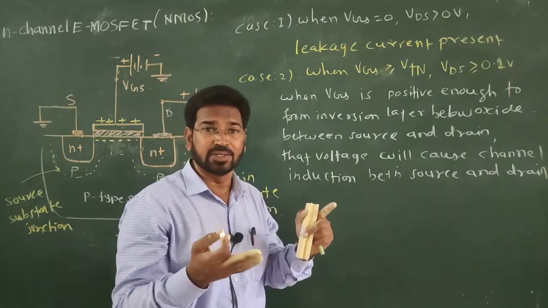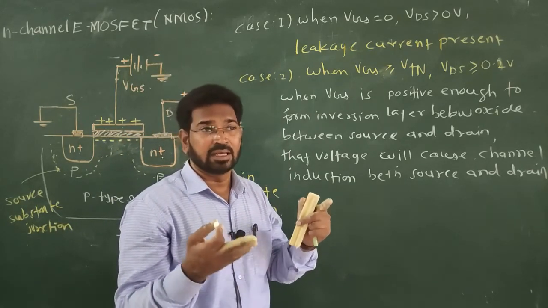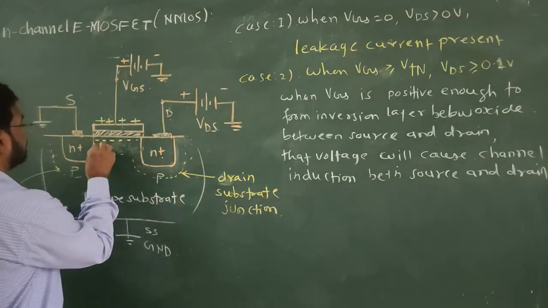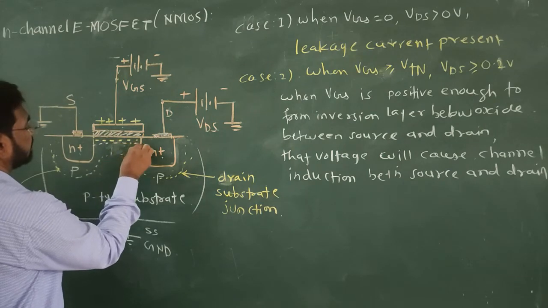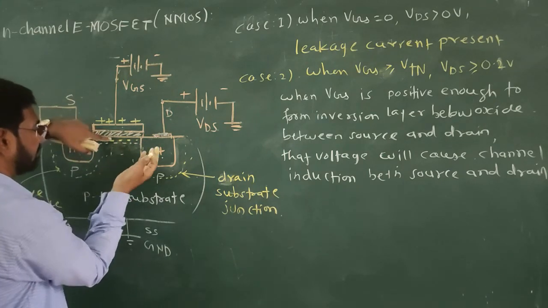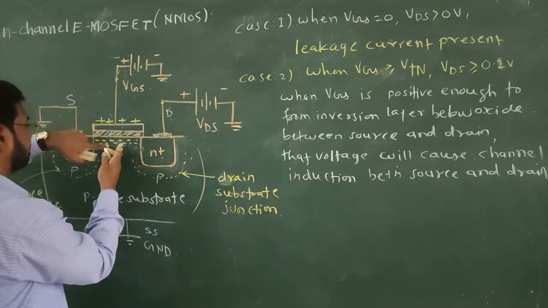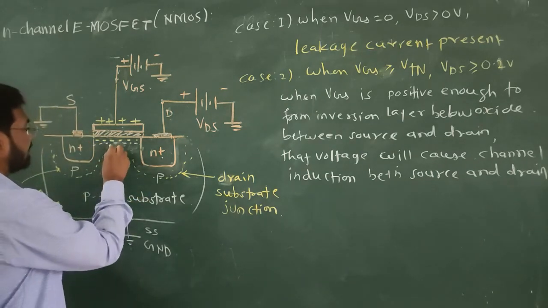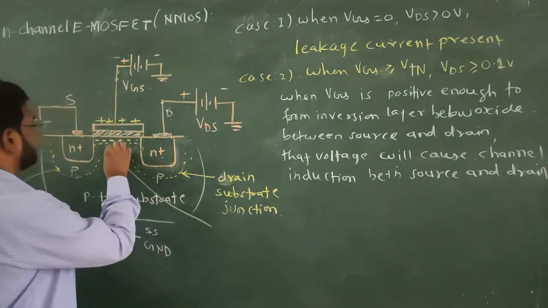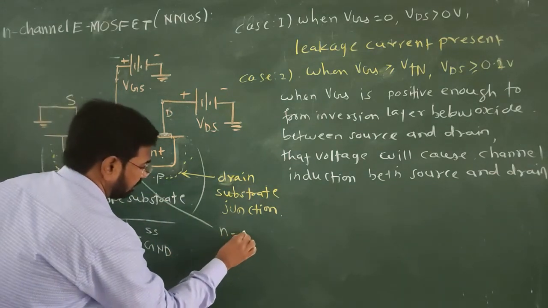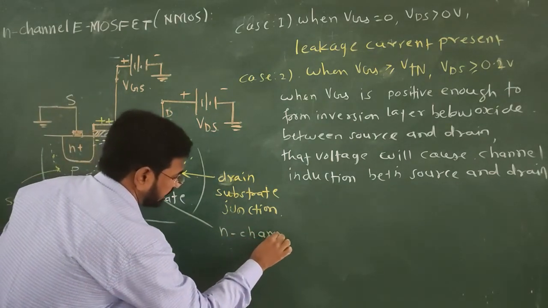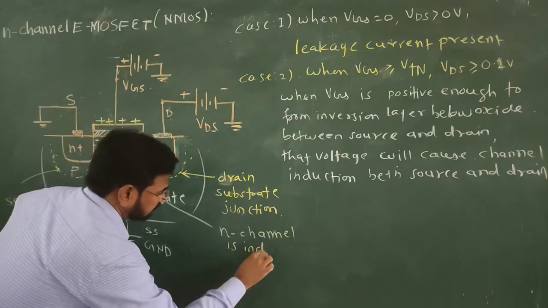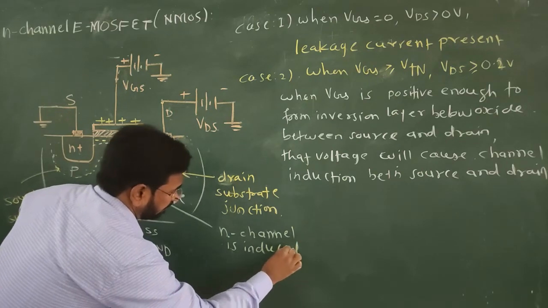The channel is induced in the NMOS device, okay. What type of channel is it? As electrons are accumulated here, are inverted, this region was p type, now it is completely n type and therefore, this region is called the inversion layer and this portion is nothing but our channel. So, it is the formation of an n channel. So, it is said that the n channel is induced, okay.